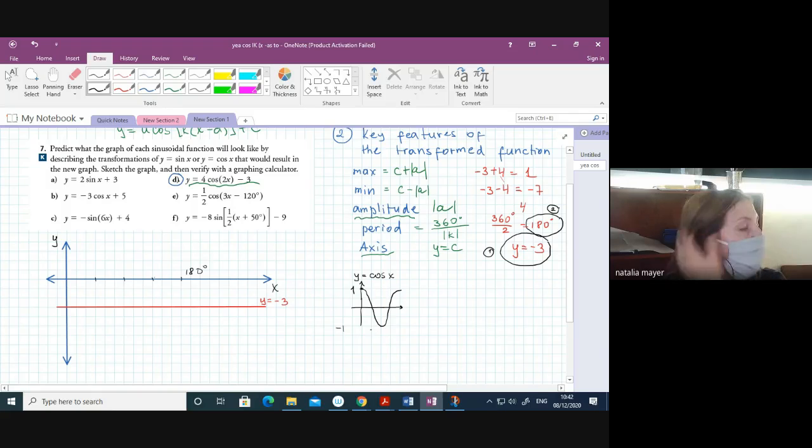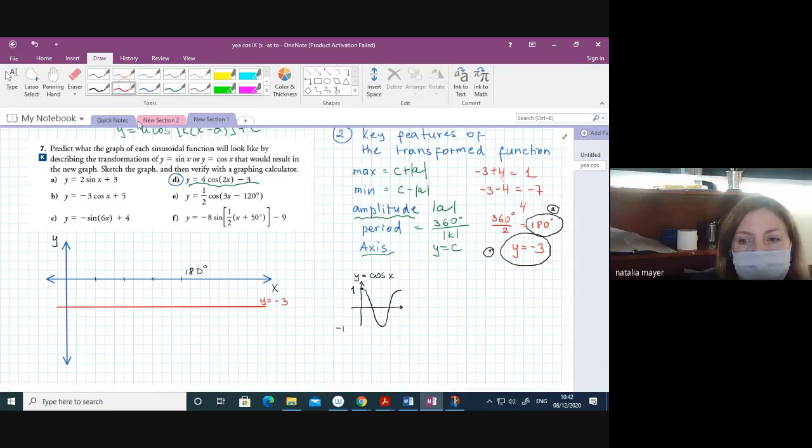Okay, so your question was about what's y equals -3. So in the parent function, Yusuf, where is the axis? Where is the axis in the parent function? 0. It's exactly this one. It's overlapping with the x-axis, right? So what's the equation of this line?